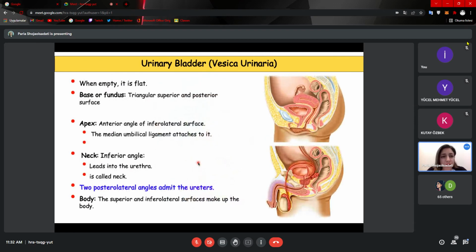And when empty, it's flattened and has different anatomical parts. For example, it has a base or fundus located on this side, and an apex, which is the anterior angle of the inferolateral surface.